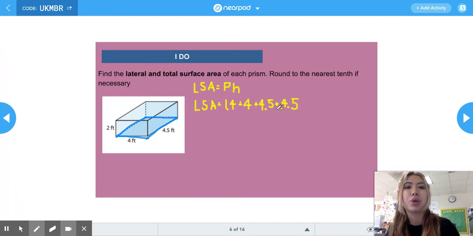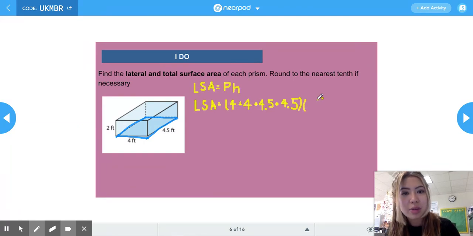Another way to find the perimeter of the base is to multiply one of the side lengths by 2, and then add that to the other side length, also multiplied by 2, since repeated addition is multiplication. So basically, since there's 2 4s, multiplying 4 times 2, which is 8, because 4 plus 4 is 8.